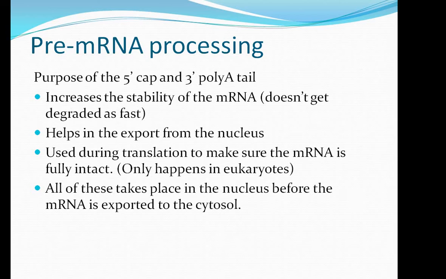This protects the end of the mRNA from being degraded. There are lots of enzymes in the cells that can break down any unprotected nucleotide. So this 5' cap protects the transcribed mRNA from being degraded. Similarly, as the mRNA is made and finished, the addition of the poly-A tail also protects the ends of the mRNA from degradation.